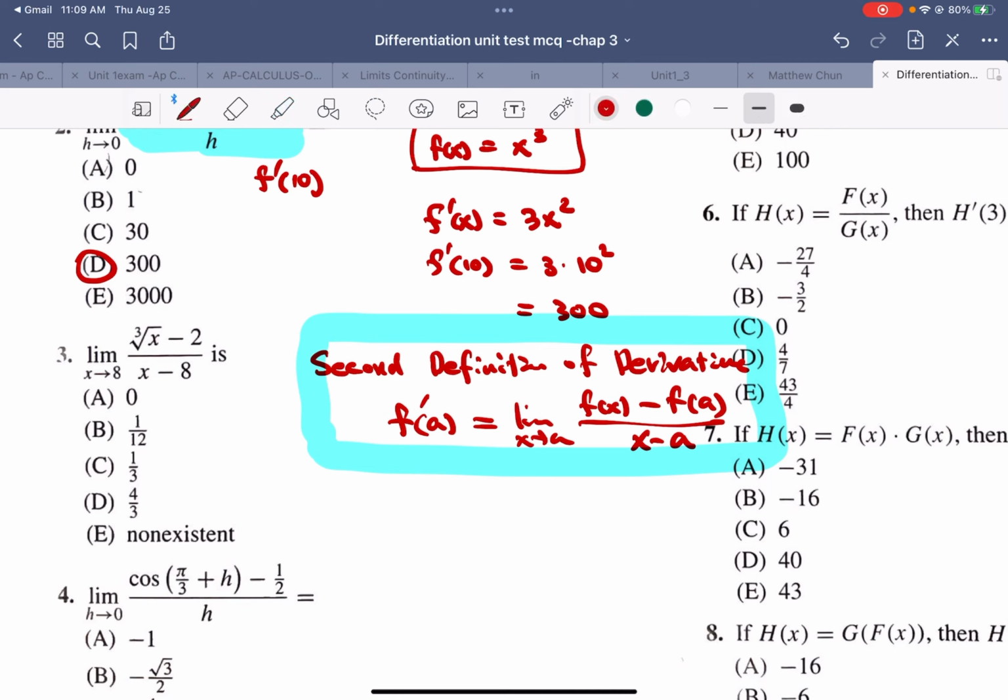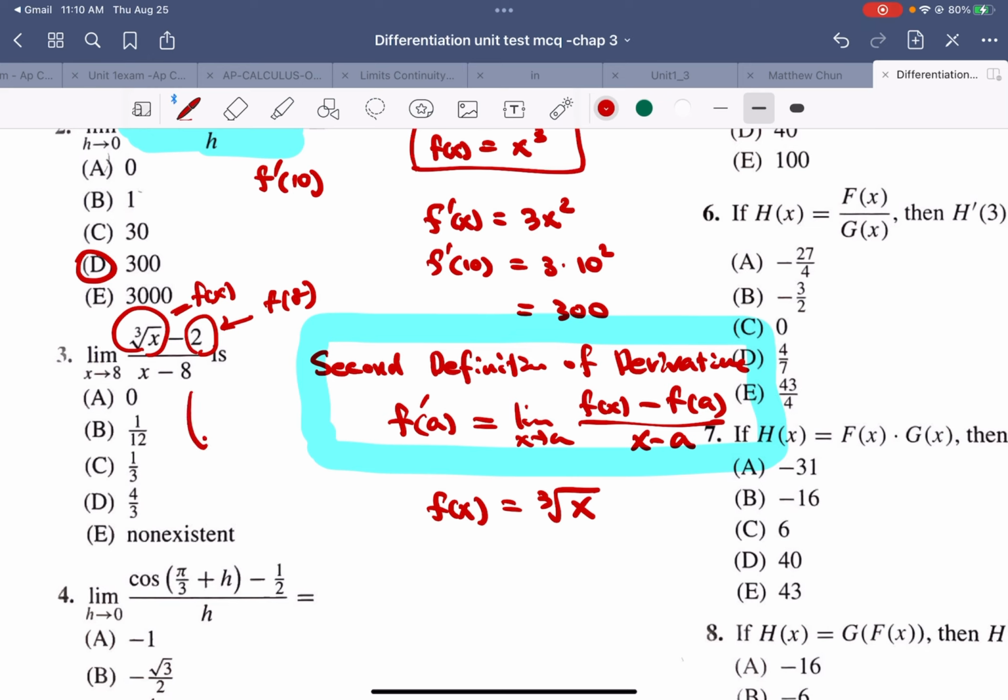Based on that, you have to recognize what is f of x. So this is f of x, and right here 2 is f of a. So f of 8 will be 2. That makes sense. If your f of x equals cube root of x, then f of 8, cube root of 8, is 2.